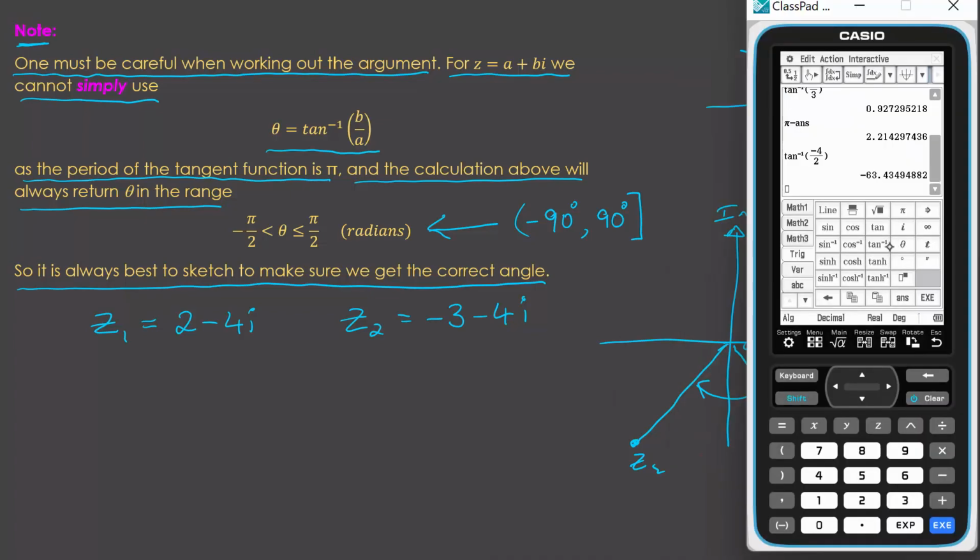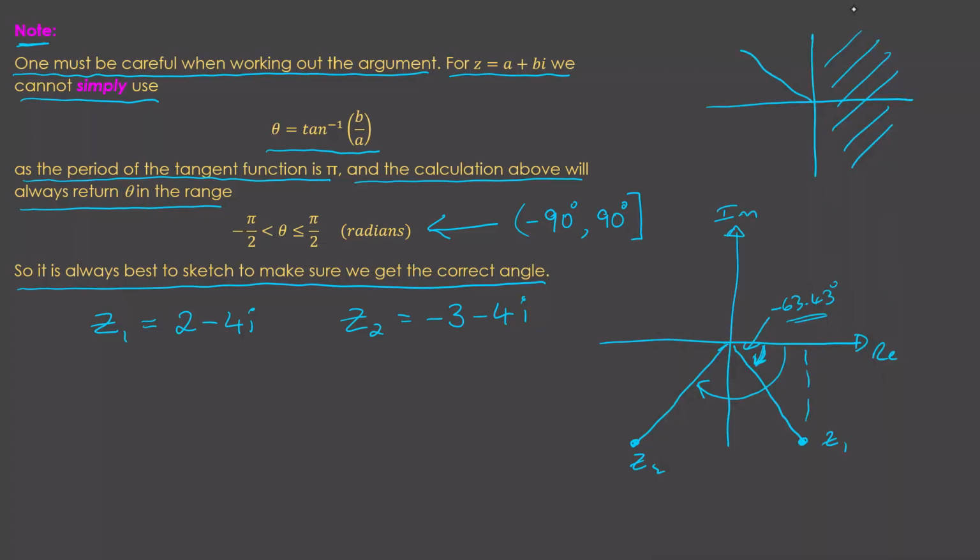But if I do the inverse tangent of negative 4 over negative 3, looking at Z2, that gives me 53.13, which is obviously an angle that is up here.